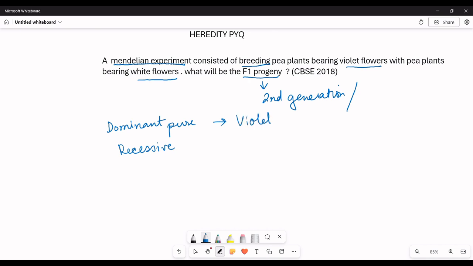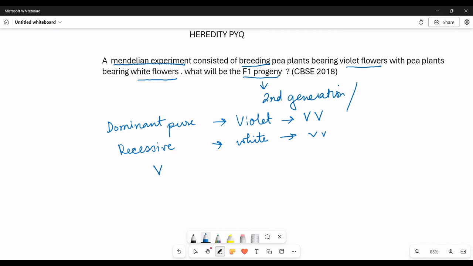We know that violet is the dominant flower color, so it will be capital V, capital V. Recessive will be white. Now what did I tell you? We always have to take the same alphabet for dominant and recessive of the same trait. So here small v, small v.